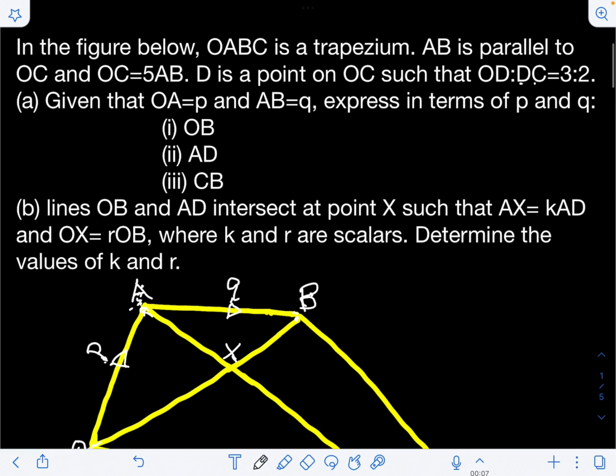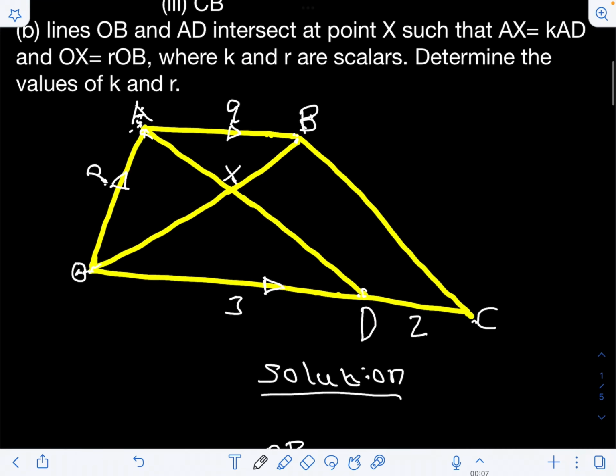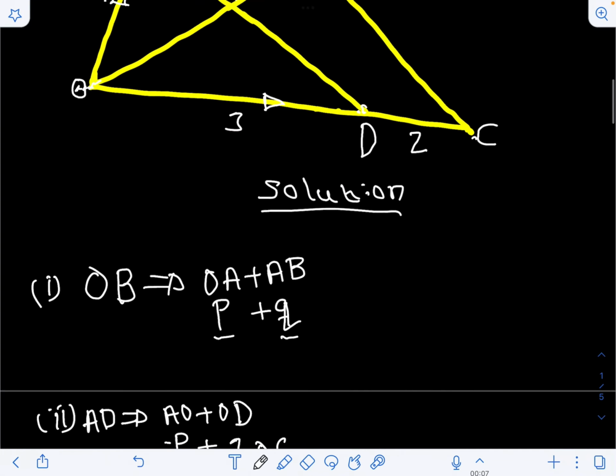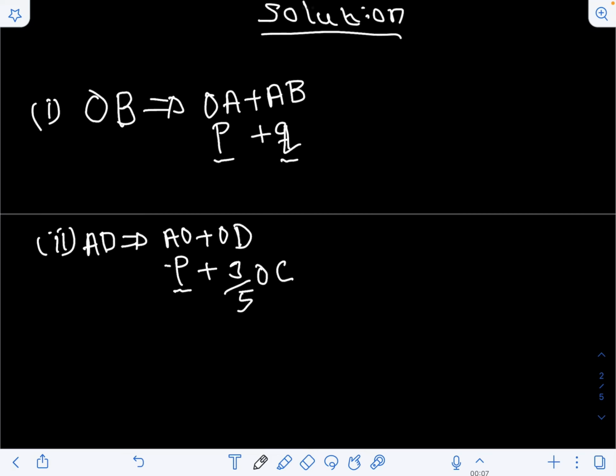Let us go back to the equation. It says that our OC is 5 times AB. So here, negative vector P plus 3 over 5 times OC, which is 5 times AB.